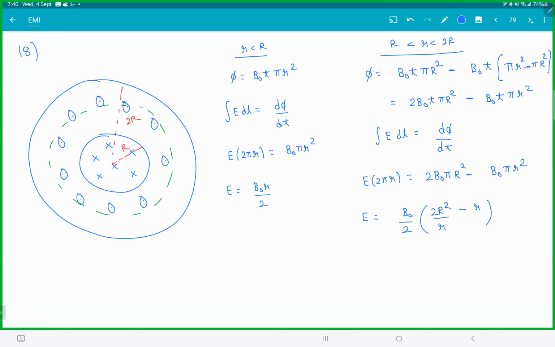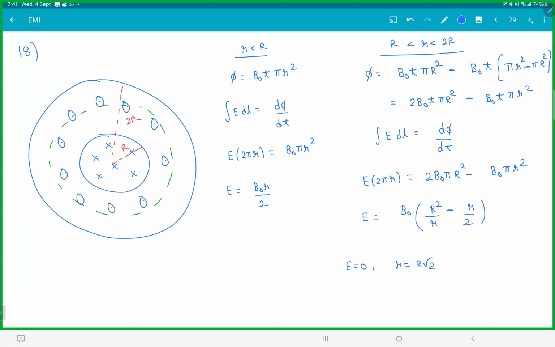I can send the 2 inside also, so B naught pi is gone, 2 is gone. So B naught times R square by r minus r by 2. That is your field. That's not some parabola. It is some weird function. It's a decreasing function. And you can clearly see here that when E is 0, r would be R root 2.